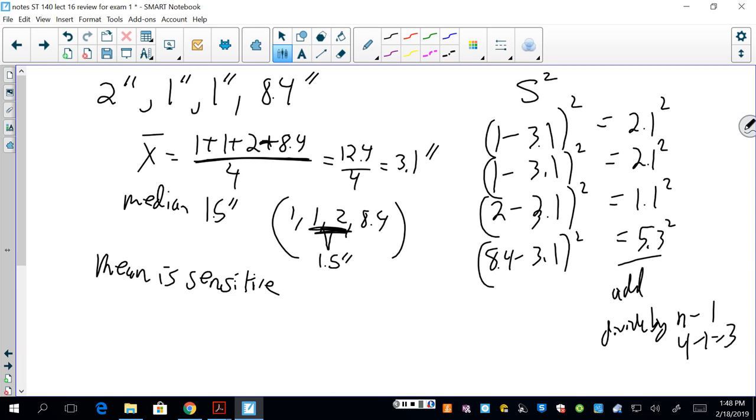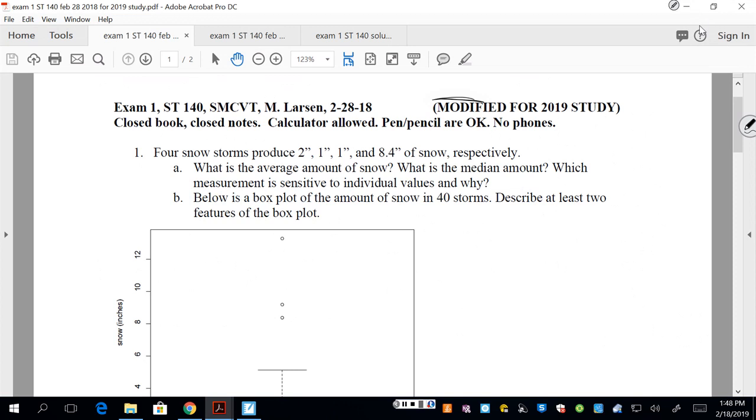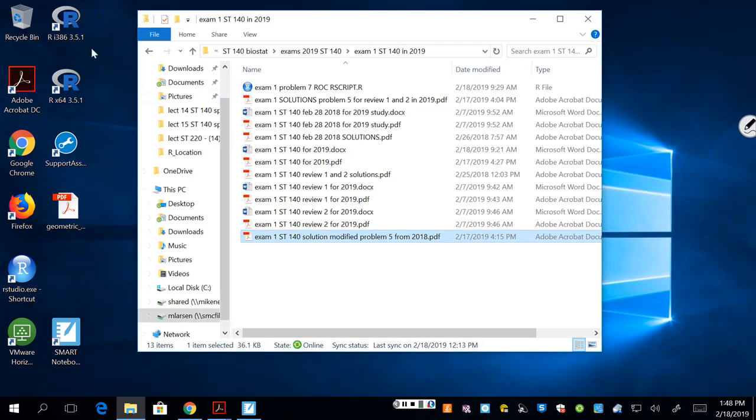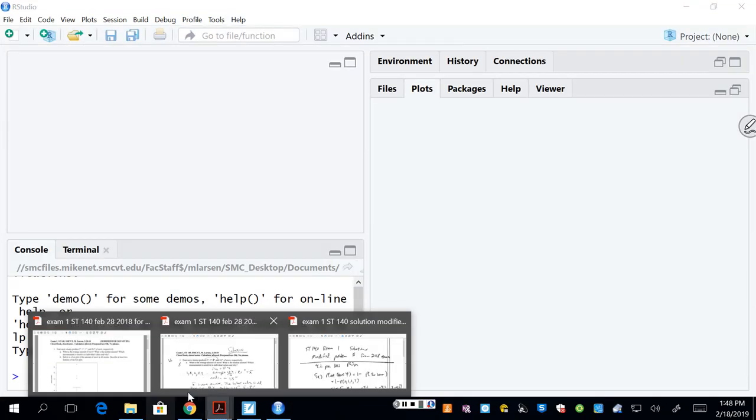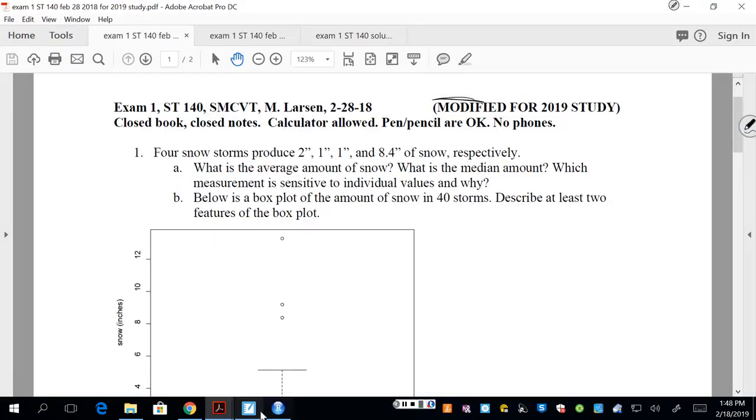So the numerical value of this thing, I'll come back to that in just a second. If I go to RStudio, if it had asked for that, we would compute this thing.